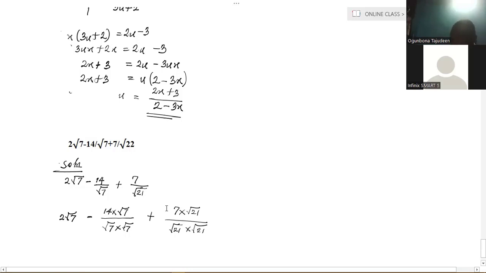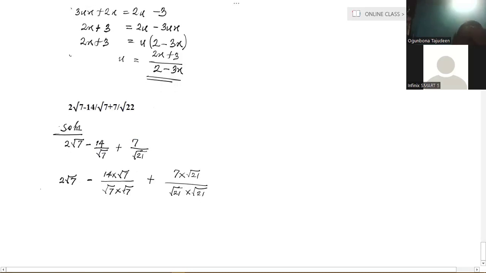Then from there, you have 2 root 7 minus 14 root 7 divided by root 7 times 7, which is 49, that is 7. Plus 7 root 21, all divided by 21 itself.